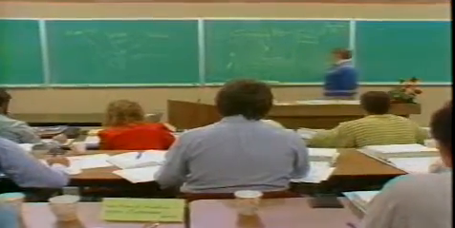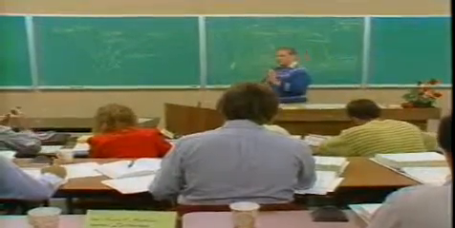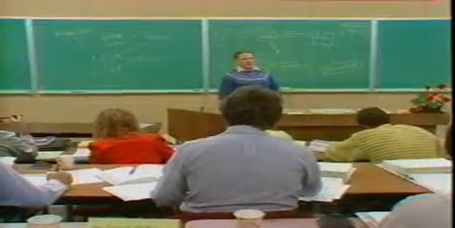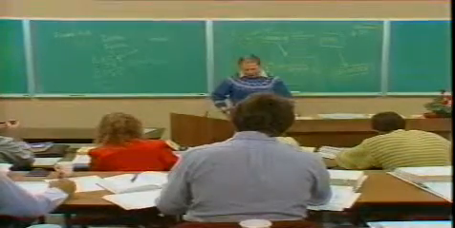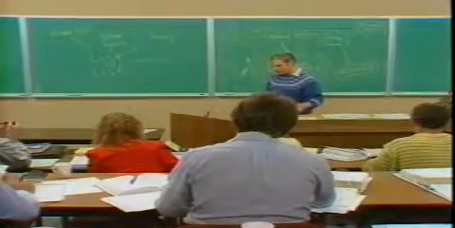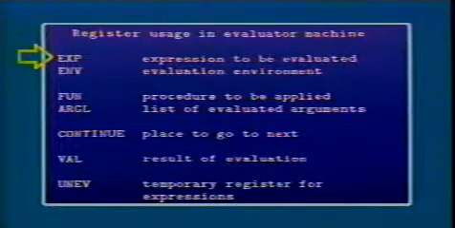Well, let's start talking about the evaluator. The one that we're going to show you is nothing special. It's just a particular register machine that runs Lisp, and it has 7 registers. There's a register called exp, and its job is to hold the expression to be evaluated.